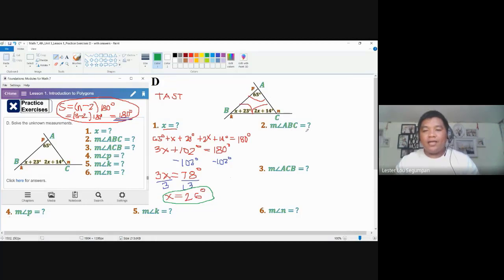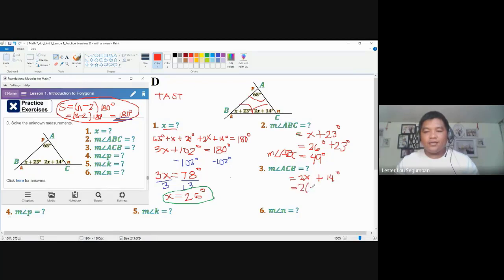The measurement of angle ABC is equal to x plus 23 degrees. If x is 26 degrees, plus 23 degrees, the measurement of angle ABC must be 49 degrees. As for ACB, it stands for 2x plus 14 degrees.